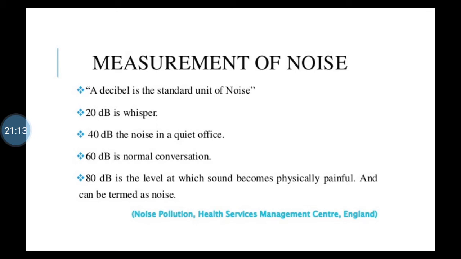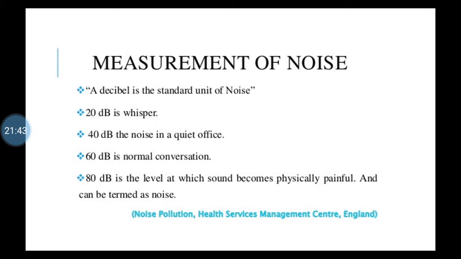So 20 decibel is whispering, isn't it? So when a few persons are talking quietly, that is whispering, that is 20 decibel. More than that, quiet office, so when the persons are working in the office, in between they may talk, that is 40 decibel. Then normal conversation, so when two persons are continuously talking with each other, that is 60 decibel.